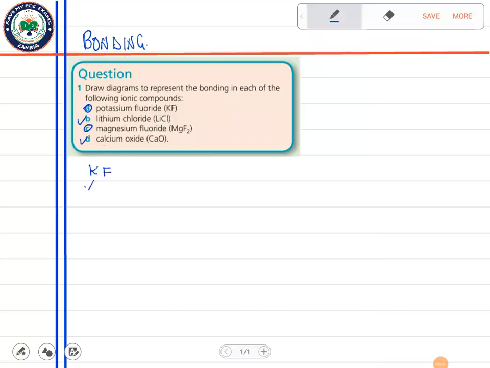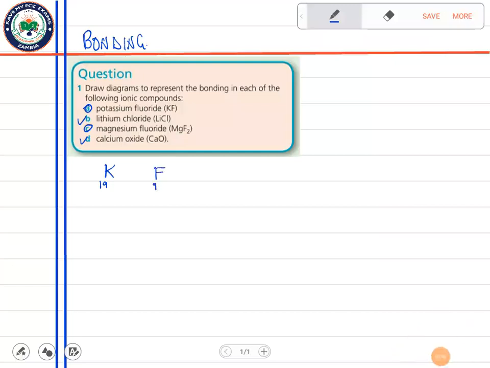We know that potassium is a metal, all right, and fluorine is a non-metal. So potassium being a metal is going to lose electrons, and fluorine being a non-metal is going to gain electrons. On the other hand, potassium has a mass number of 19, while fluorine has a mass number of 9.